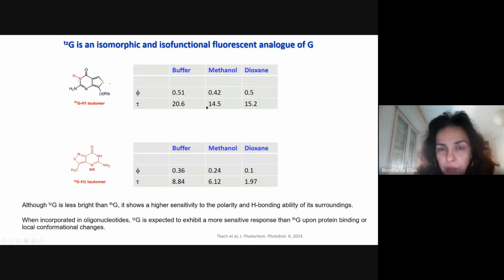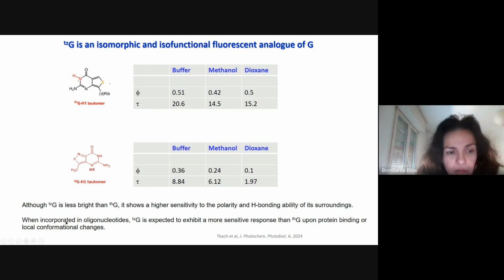as you can see here in the comparison between the aqueous solution and the methanol, for example, and dioxane. So the quantum yield for TAG is practically not changing, and instead is changing quite a lot in the TCG.